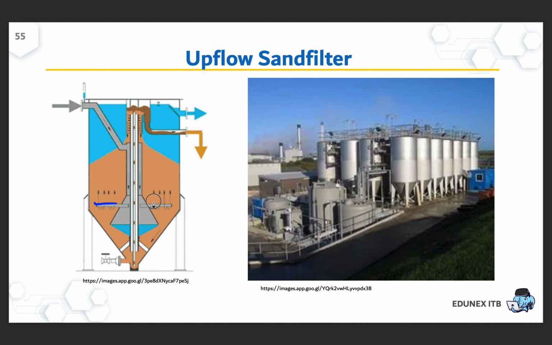There are several holes here where the feed water can flow through, and then the feed water will flow this way, and the sand here will retain all the solids. So at the end we will get the fresh water, or the clean water, going out from the conical tank.